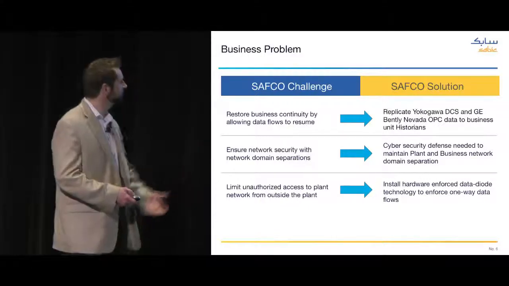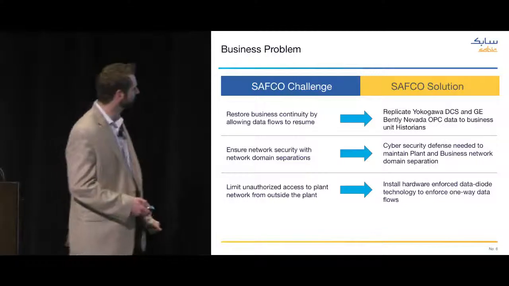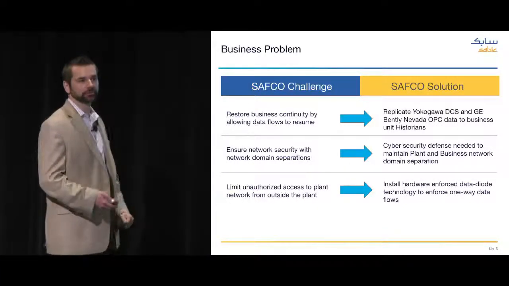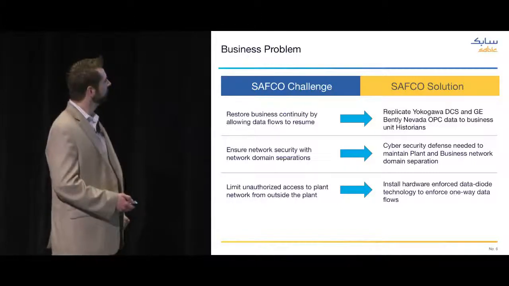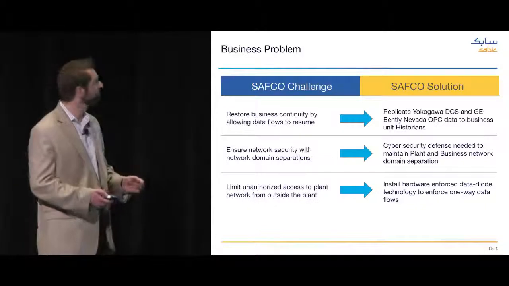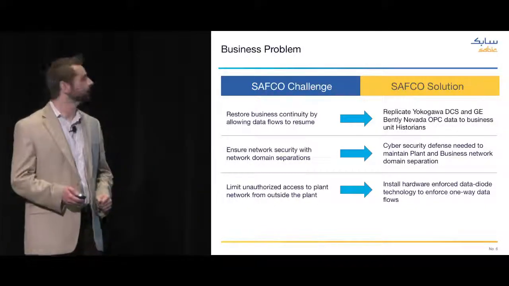Okay, so the challenge is, I'm going to start from the bottom and work up. I think it's more logical. So first, limit unauthorized access to the plant network from outside of the plant. Ensure network security operations within network domain separations, and then restore the business continuity by allowing data flows to resume.